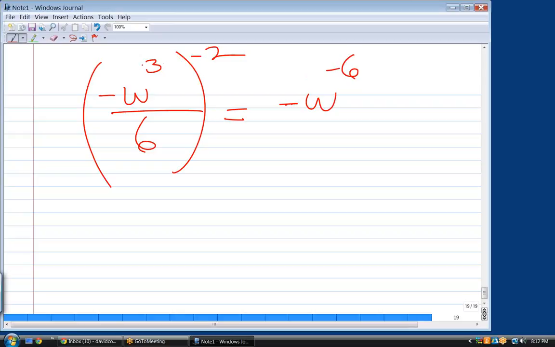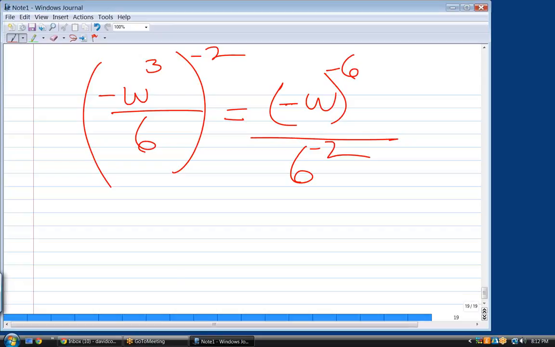Remember, we're double exponentiating, so we do one level less, which is multiplication. I still have this negative sign, so I put parentheses around it. And the denominator is 6 to the negative 2.